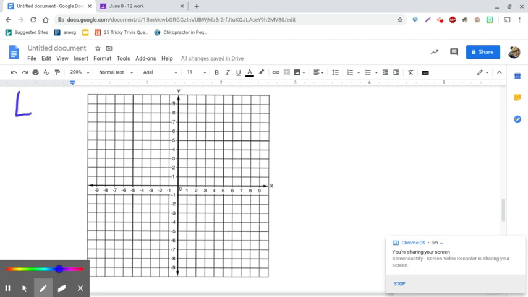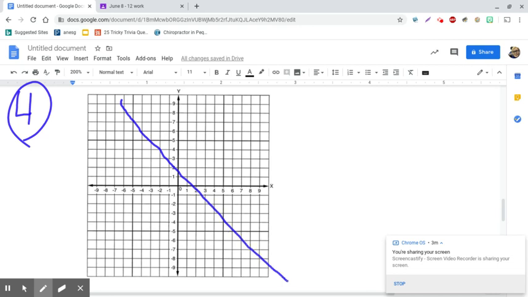Let's go with 4. That's a point right there, and that's a point right there. First thing we do, we're going to read this like a book.